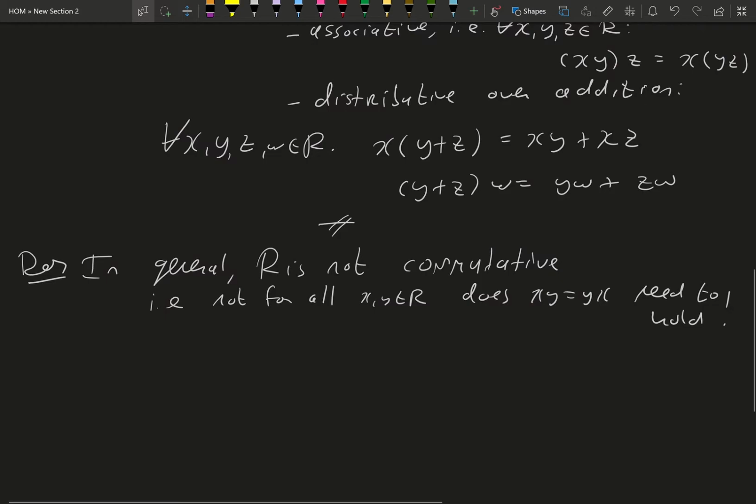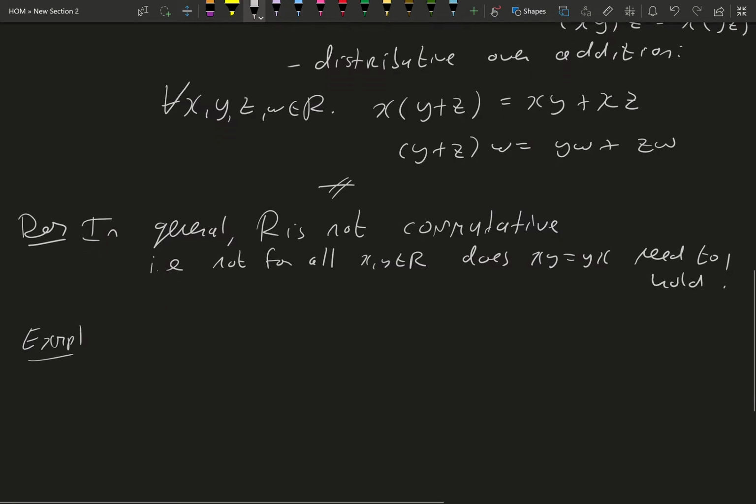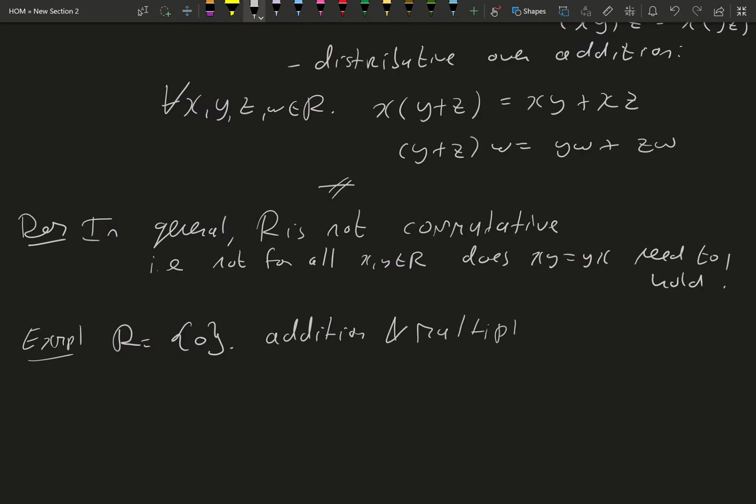Okay, so here are a few examples. The first, most basic and trivial example is the so-called zero ring. So take R to be just the singleton 0, and then the addition and multiplication are like this. 0 plus 0 is 0, and 0 times 0 is 0.